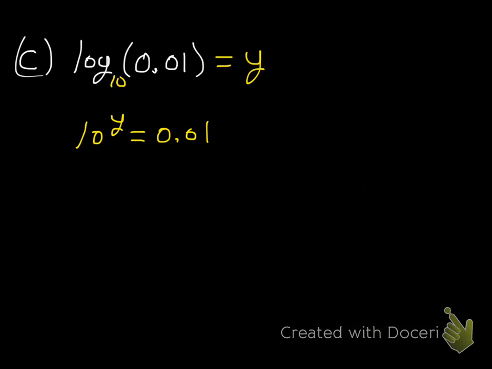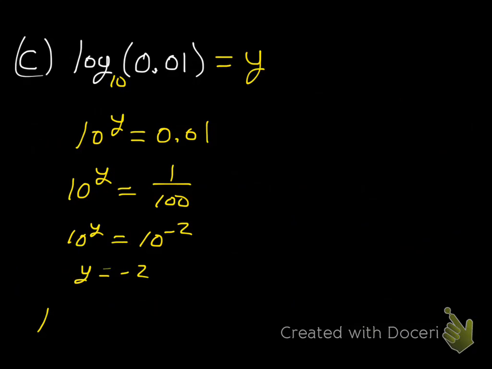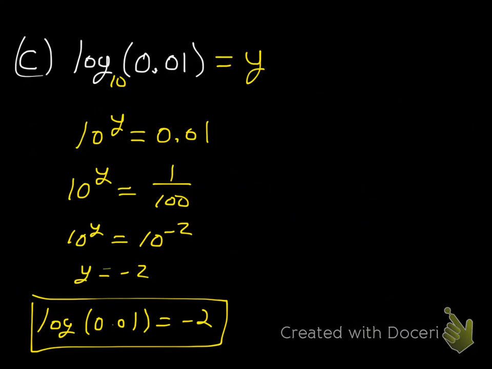And a penny is 1/100th of a dollar. So 10 to the y is equal to 1/100th. Okay. 100 is 10 squared. Because it's in the denominator, it's going to be 10 to the minus 2. So 10 to the y equals 10 to the minus 2. Exponentials are 1 to 1, so you can equate the exponents. So log of 1/100th is negative 2.